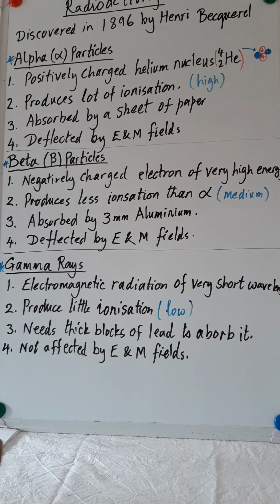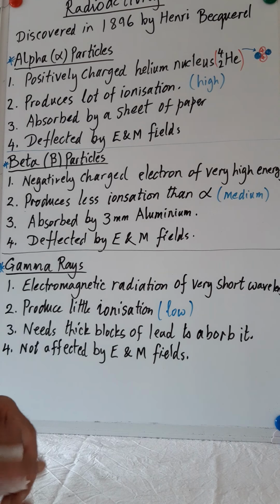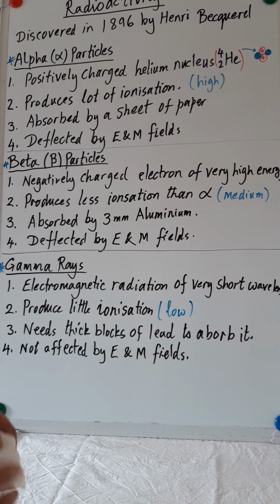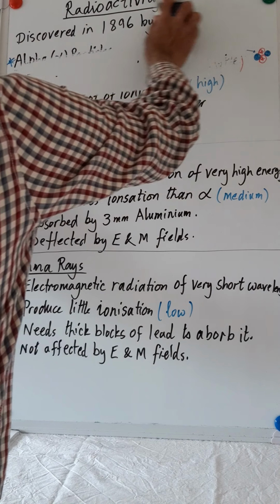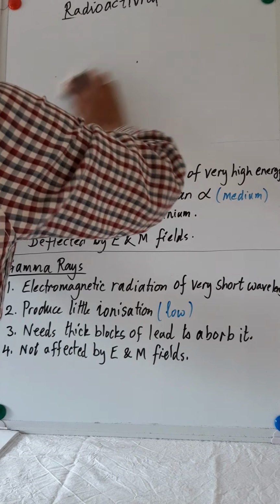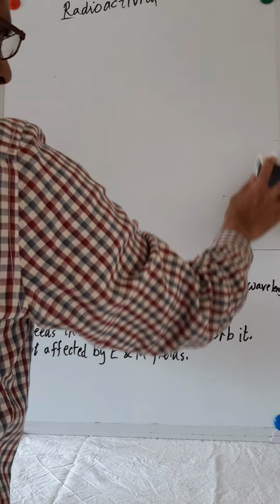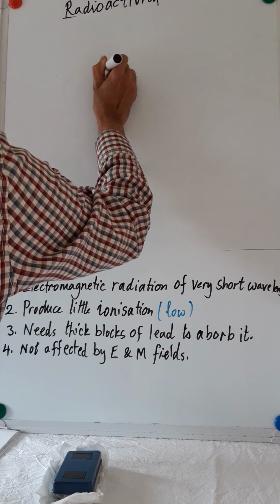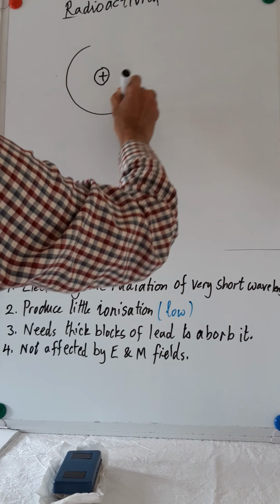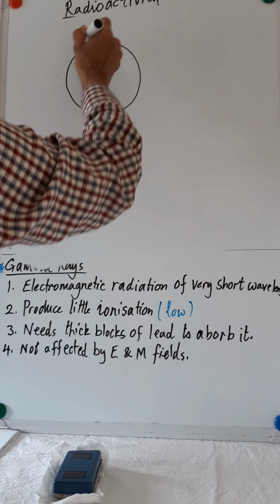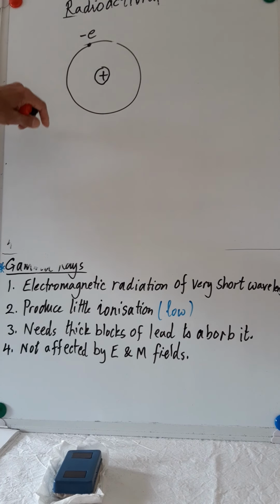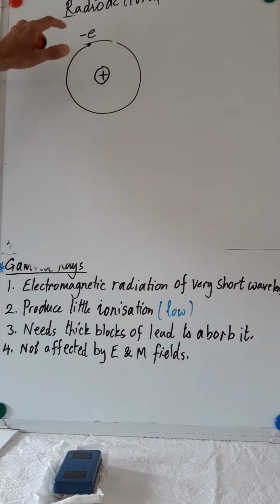Now, in this video, I think I'll just explain to you a little bit about how ionization is caused, okay, so that you will understand the process. Now, if we have an atom, the nucleus is there, there's an electron going around it, that's negatively charged, the atom is neutral. Okay, the number of protons and the number of electrons is equal, they balance, so the atom is neutral.